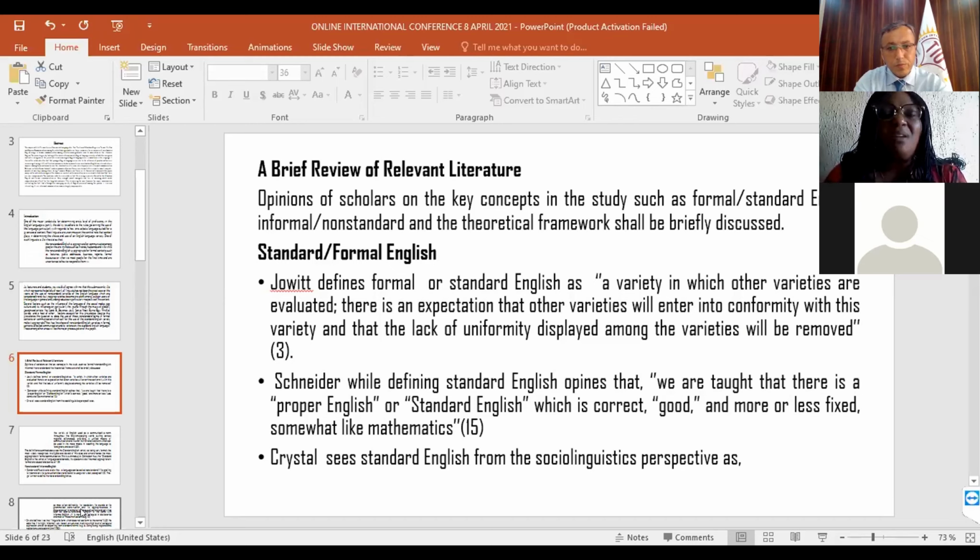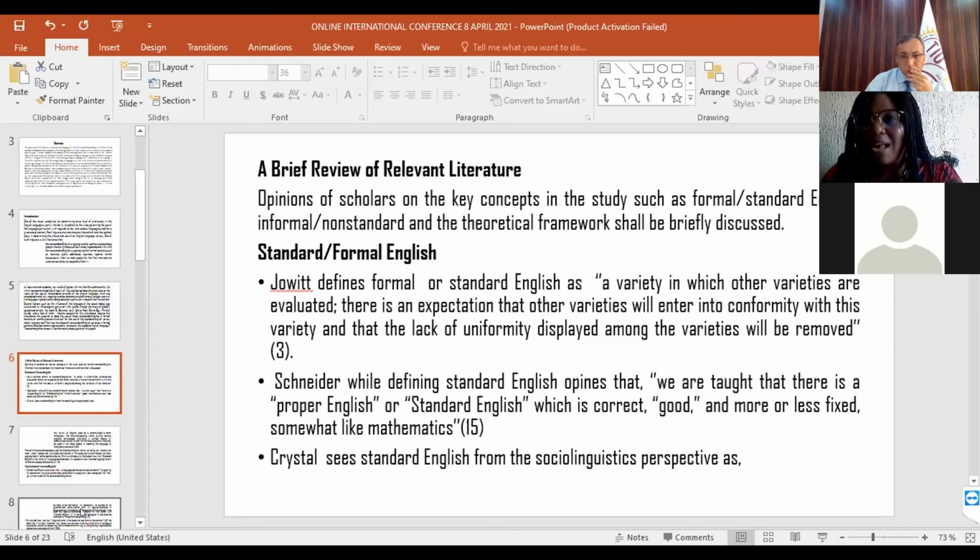So the standard English, from all the definitions displayed here, whether that's of Jowett, Snyder, or Crystal, centers on the fact that, one, it is a very formal variety that is widely intelligible, so that wherever one finds himself or herself, he or she can understand the other person when the standard variety is being used.